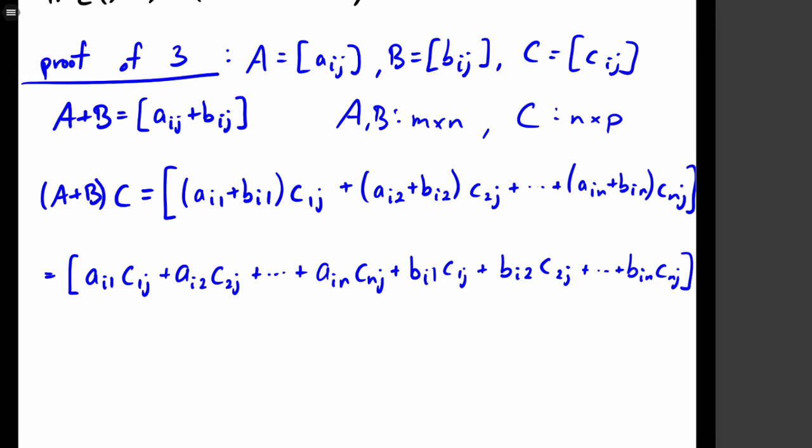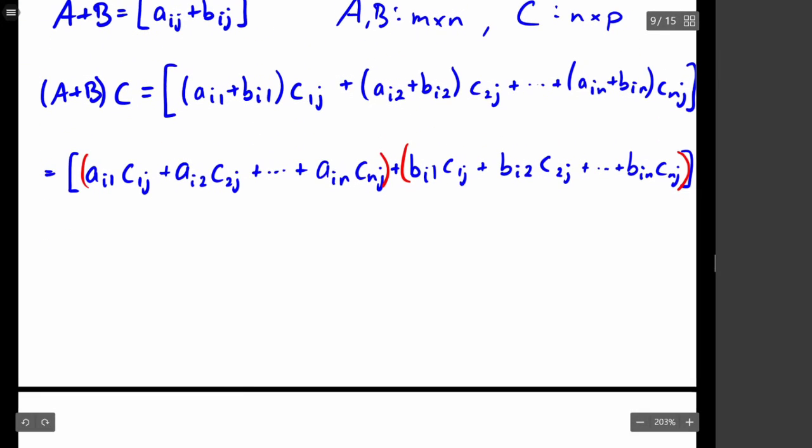But look at how these group. Right? So we're going to group these into two pieces. Okay. So here we have A_i1 C_1j plus A_i2 C_2j plus dot dot dot plus A_in C_nj.